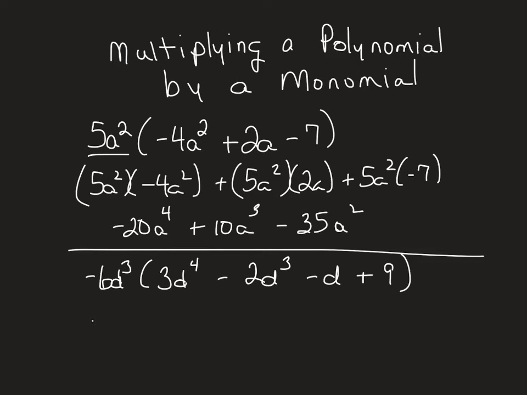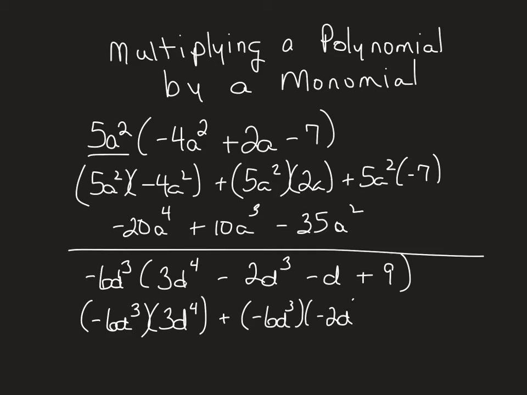We'll have negative 6d cubed times 3d to the fourth, plus negative 6d cubed times negative 2d cubed, plus negative 6d cubed times negative d, plus negative 6d cubed times 9.